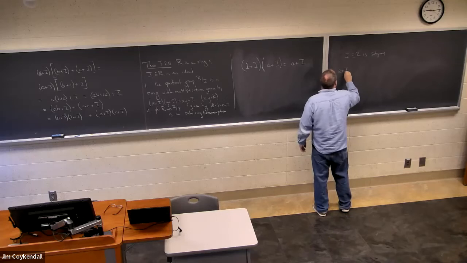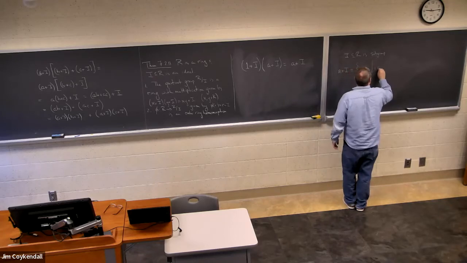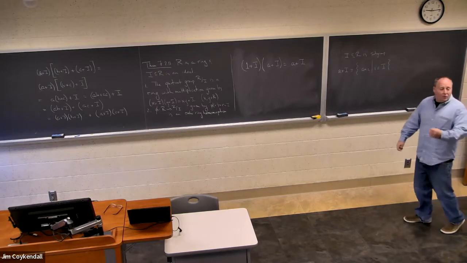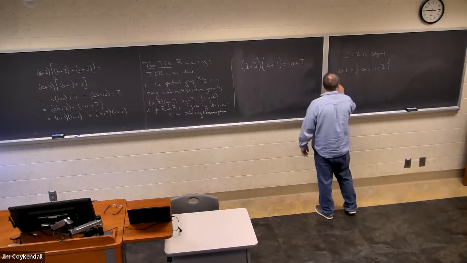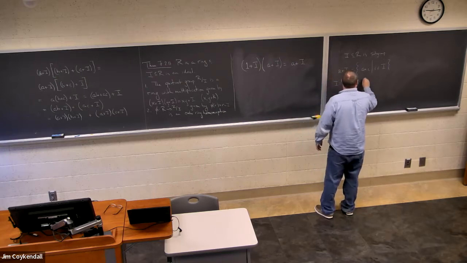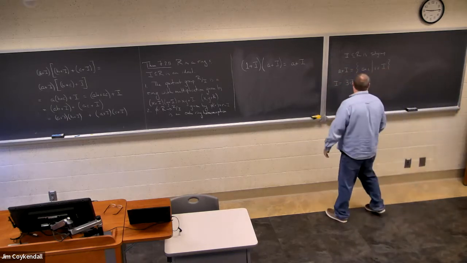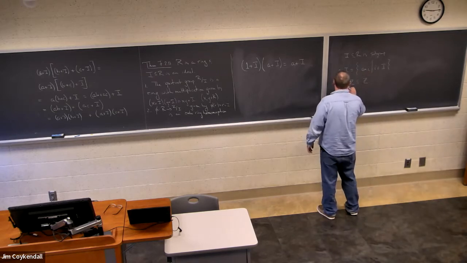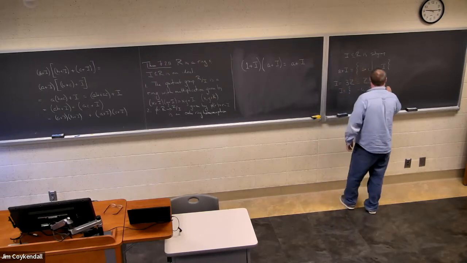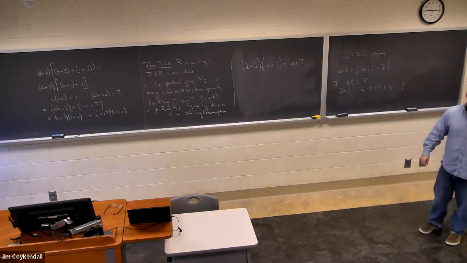The coset A plus I is just all the stuff A plus little i as i ranges through all of I. So basically you just translated I by A. For example, if you have I equals, let's say, 3Z, all the multiples of 3, then give me an integer, say 7.